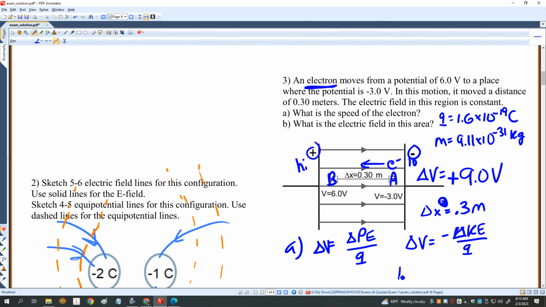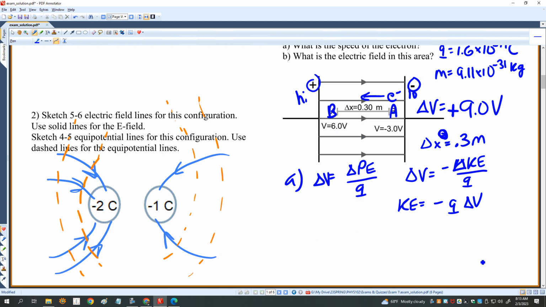So then my kinetic energy is going to be equal to negative Q delta V. So that means that it's going to be equal to negative times the charge of my electron, which is negative 1.6, that should be a negative up there, times 10 to the minus 19 coulombs, times delta V, which I already know is 9 volts.